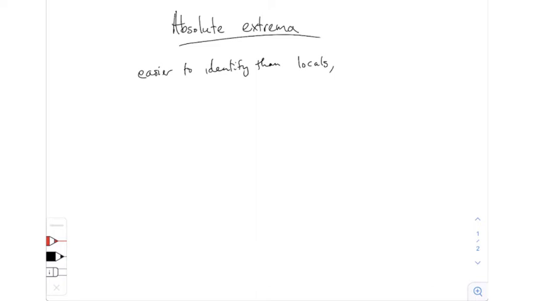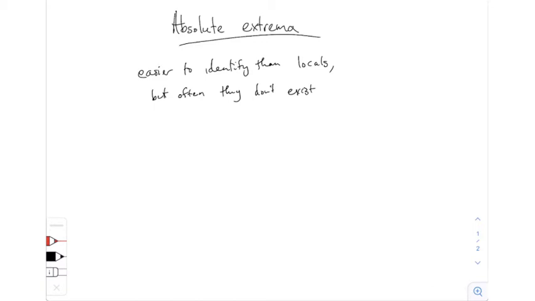But one technicality is that oftentimes there are no absolute extrema, they don't exist. Because of this, we're going to focus our attention slightly differently than usual.